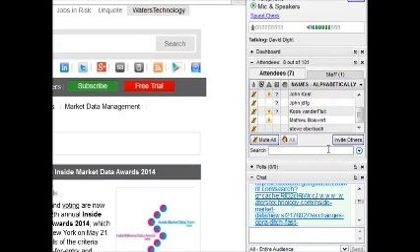A lot more smaller algo operations want to talk Fix. They want to talk directly to an exchange or a broker themselves. They don't want to use a third-party vendor solution or a third-party ECN. They want to have a primary connection where possible.